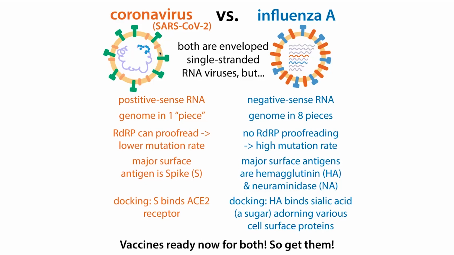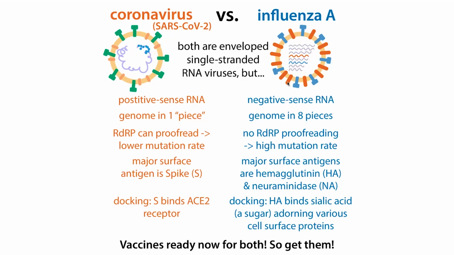Now, with coronavirus, it can still undergo recombination, where regions can swap if a cell is infected by multiple viruses, but it's not as easy as with influenza, where you can swap whole, separate pieces.